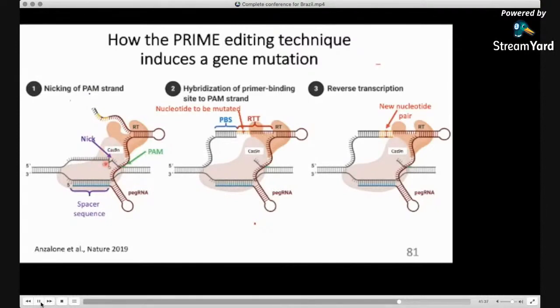This will release the upper strand of DNA to be able to interact with the primer binding site of the PEG RNA. And then the reverse transcriptase template, which contains a few nucleotides to be mutated, will be available for the reverse transcriptase to synthesize a new DNA upper strand.